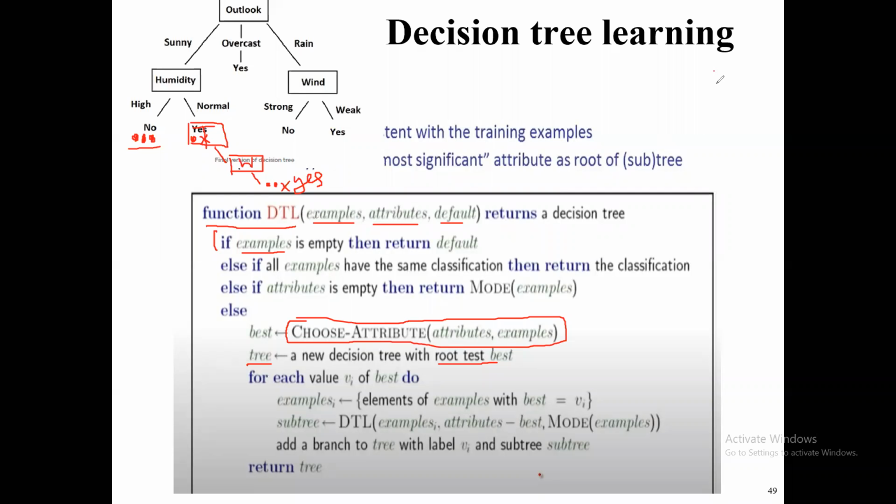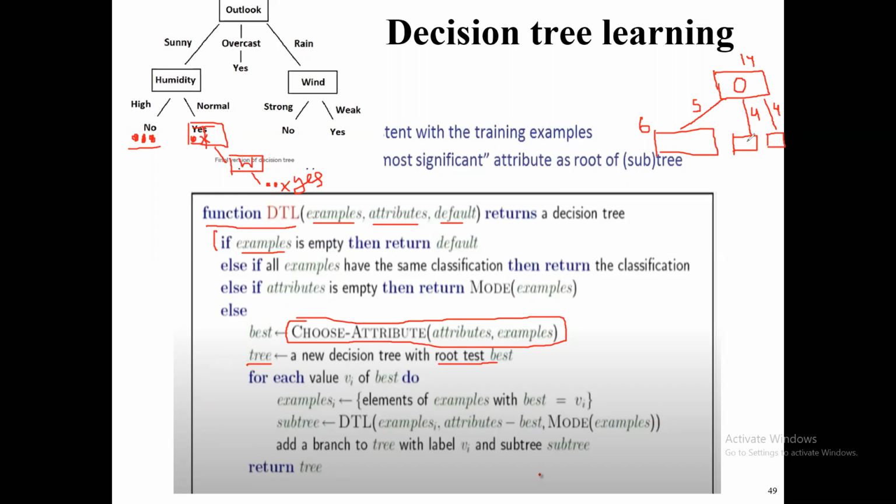So for example, at the start we had 14 examples. After splitting on outlook, in the sunny branch, maybe out of those 14 examples there are 6 examples which are sunny. Maybe there are 4 examples where outlook is overcast, and the remaining 4 are probably rainy.